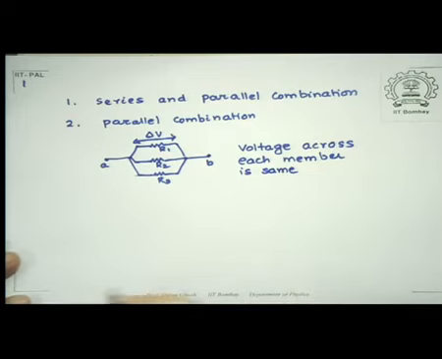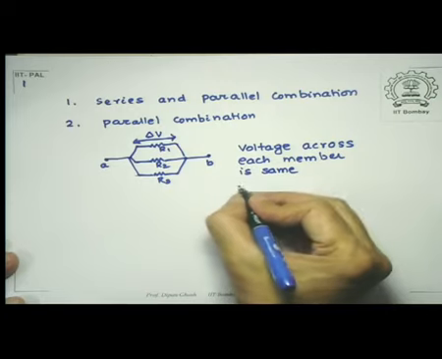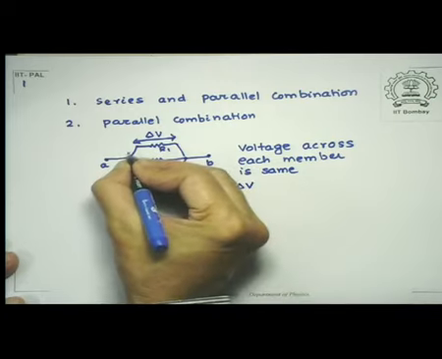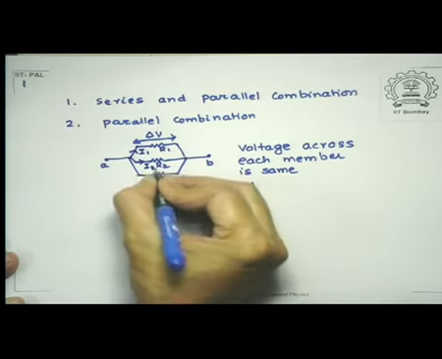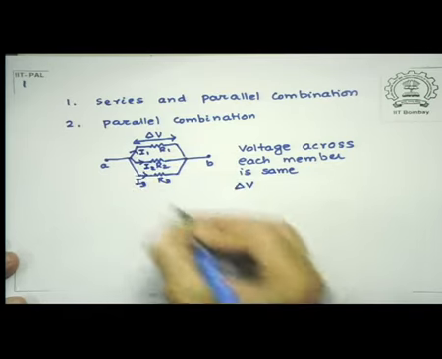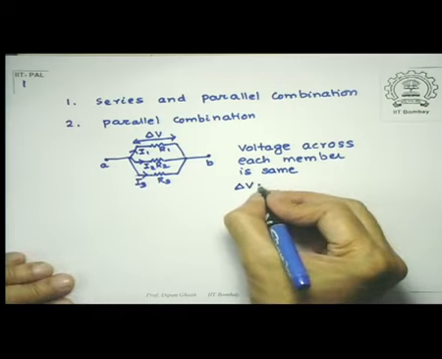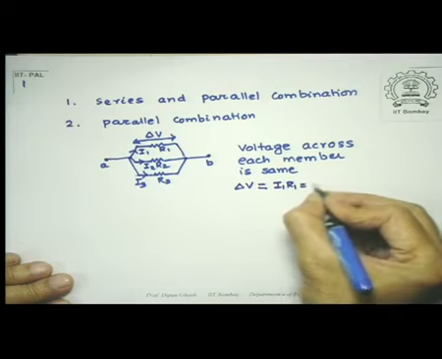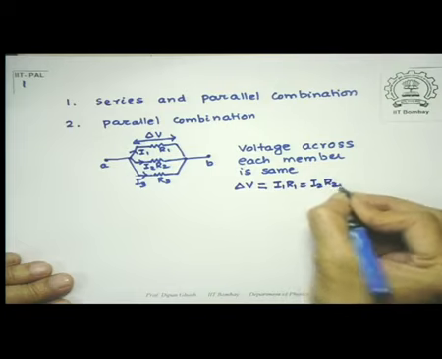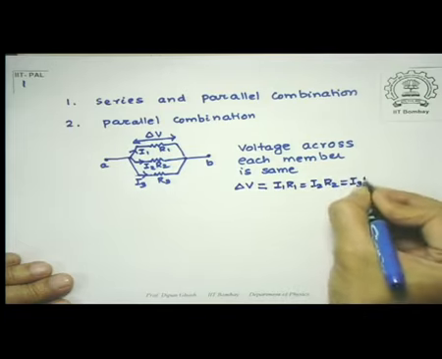But current carried is different. So voltage across is delta V. Supposing here I have I1, this is I2, this is I3. So expressions for delta V are either I1 R1 or I2 R2 or I3 R3. They are the same.